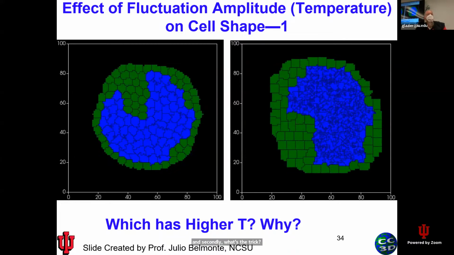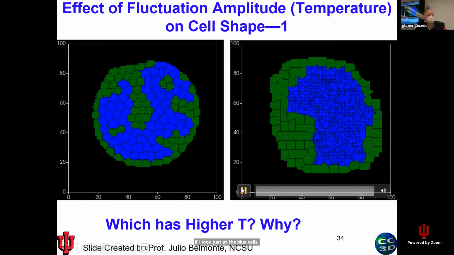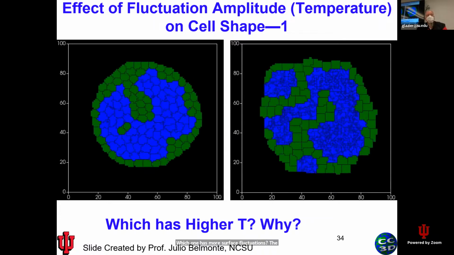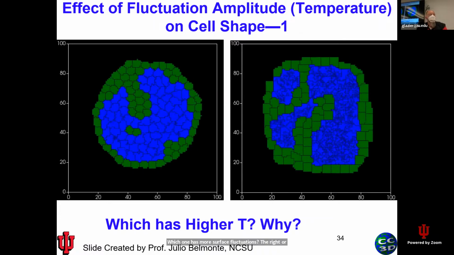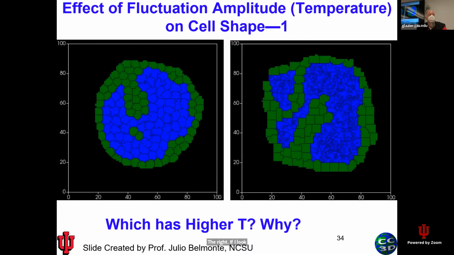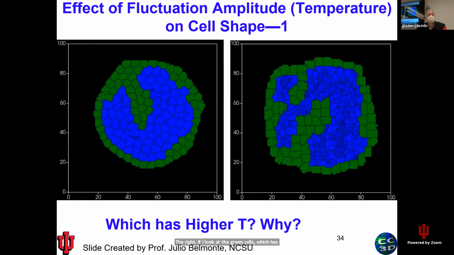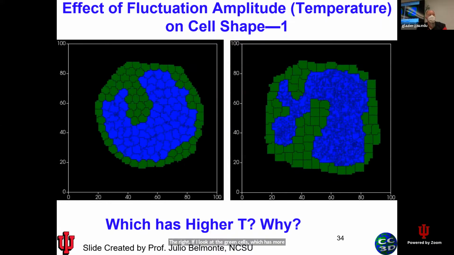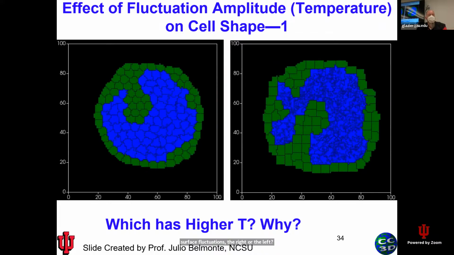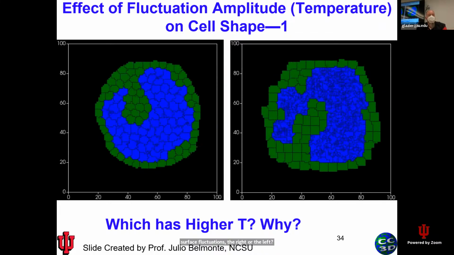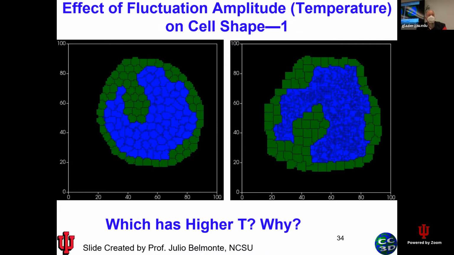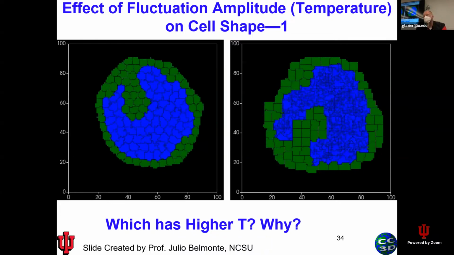If I look just at the blue cells, which one has more surface fluctuations, the right or the left? The right. If I look at the green cells, which has more surface fluctuations, the right or the left? The left one has more surface fluctuations.